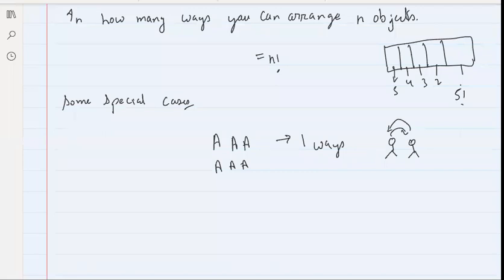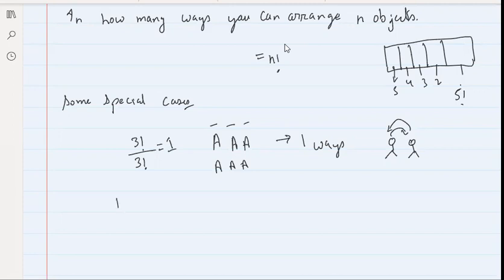It will still be Yashash. So if you are saying that since we have three objects it should be 3 factorial, but it's actually 1, which is basically 3 factorial by 3 factorial, because these three are actually same. It doesn't matter if the position is changed, the arrangement will remain same.